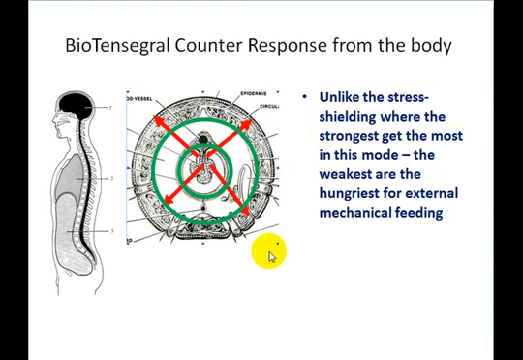And here it's the other way around. With the biotensegrel counter response, because it's uniform, it's the weakest elements, which are the hungriest for external mechanical feeding, if I might use this analogy. So that's the key solution for the problem of the fundamental imbalance.